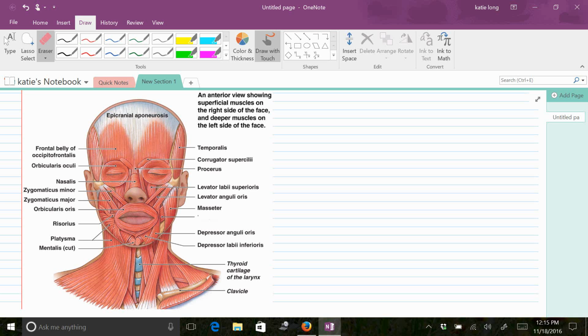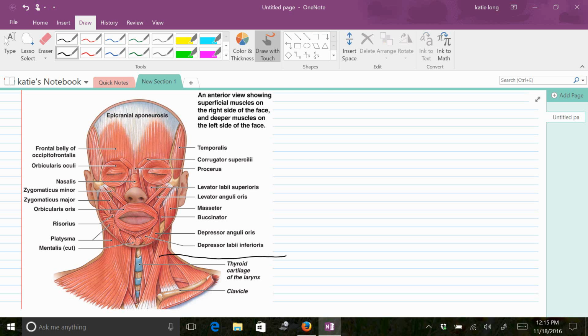We have your buccinator to compress your cheeks, right? It's deep. And one that isn't labeled, that I wish was, and I very much so wish I had the tip of my pen, so I will attempt to write this with my finger. It may be a disaster. Your sternocleidomastoid.